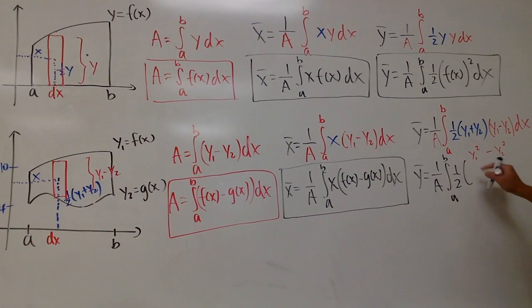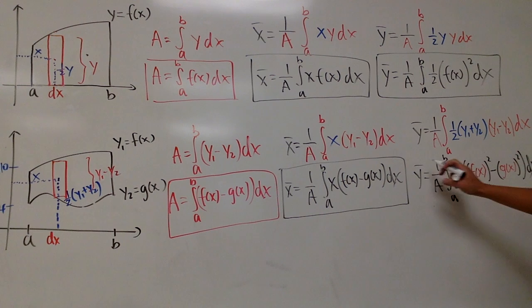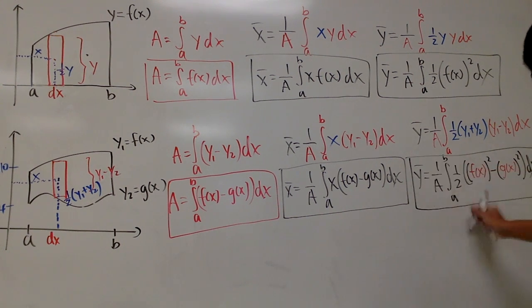So let me put that down right here for you guys. We have to multiply by, the first is f of x, and we square that, and then minus, the second is the bottom function, which is g of x, and then we square that. So again, it's y1 square minus y2 square, right? And let me just box this for you guys nicely, like that.